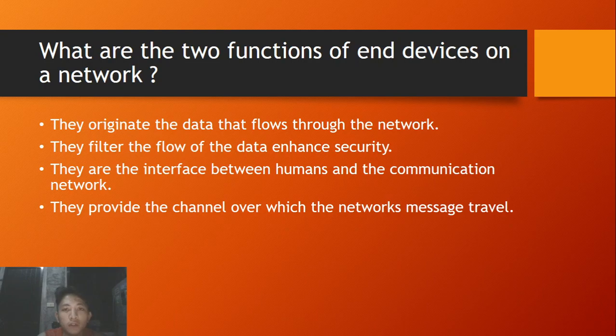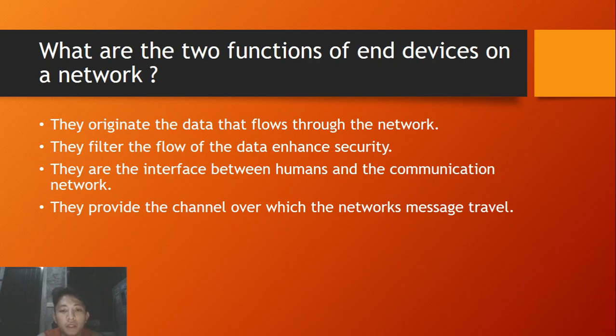What are the two functions of end devices on a network? They originate the data that flows through the network. They filter the flow of data to enhance security. They are the interface between humans and the communication network.